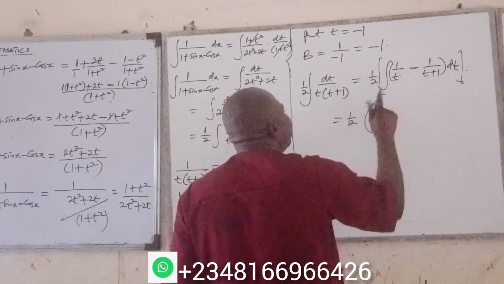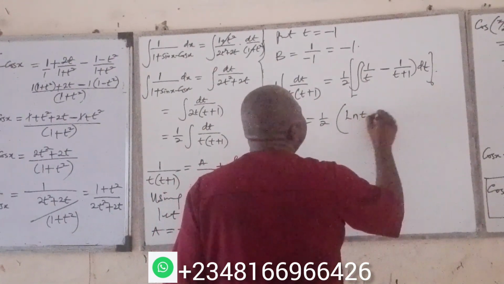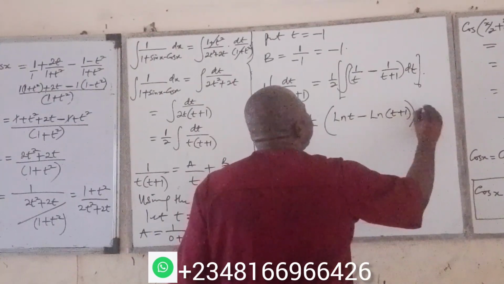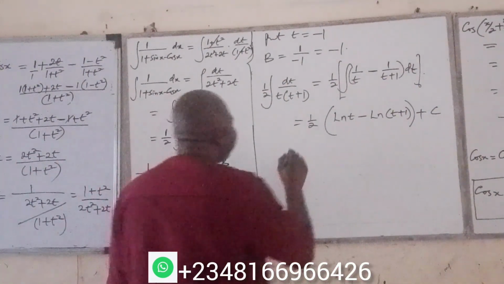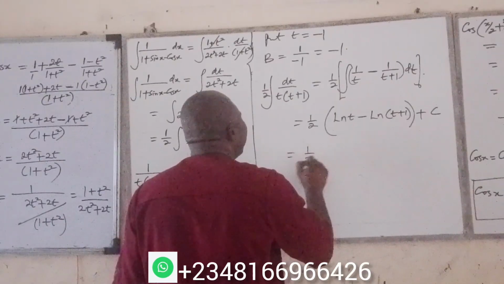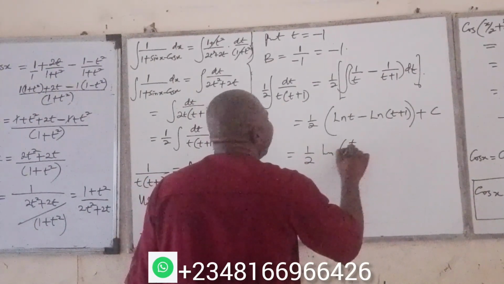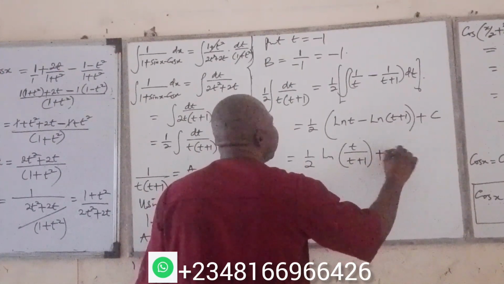When you integrate 1 over t, it gives ln t. So ln t minus ln (t + 1), plus constant. This is the same as saying 1 all over 2 ln of t all over t + 1, plus constant.